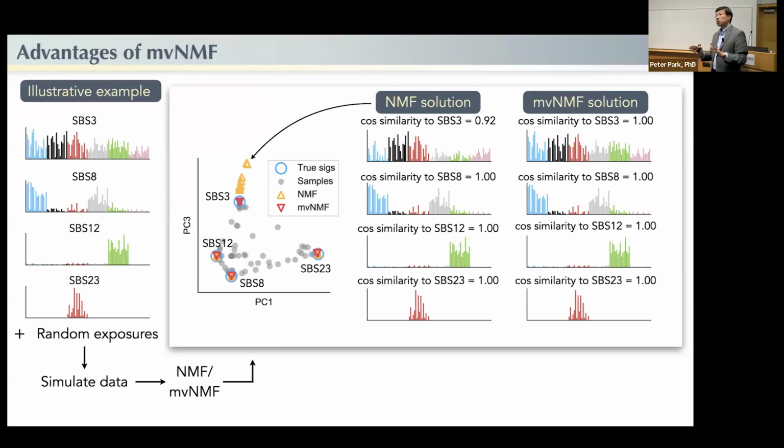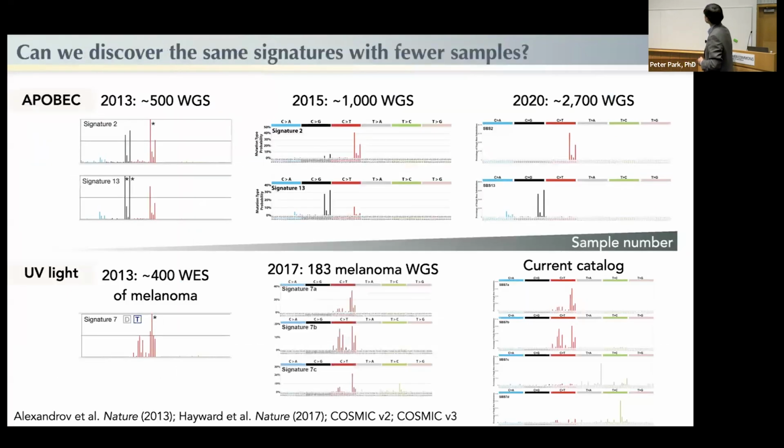And this becomes really important because of the signature 3 example and other cases where for a specific case, we want to know whether the mutations observed in the case were generated by this other mechanism, okay?